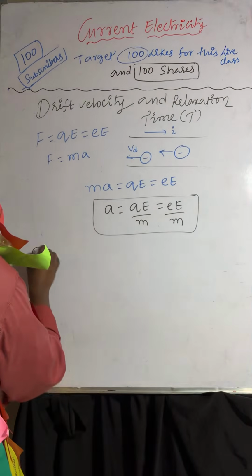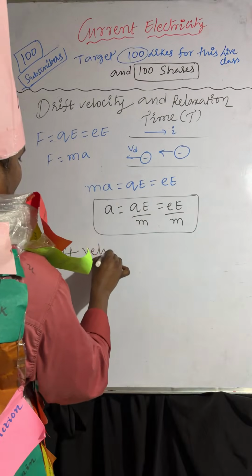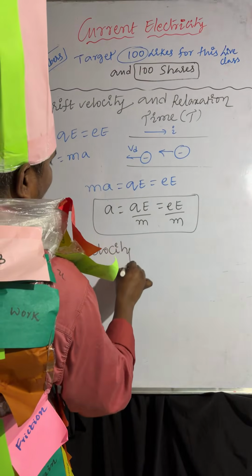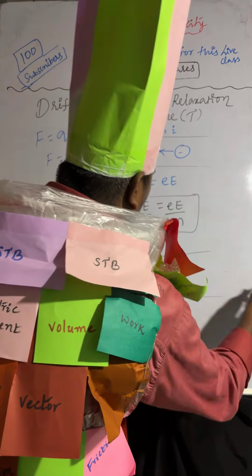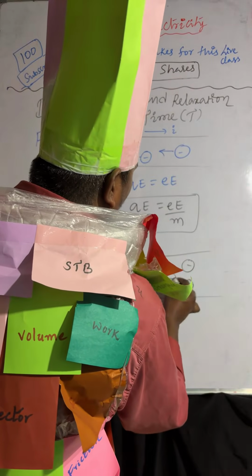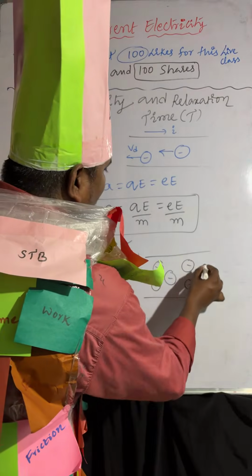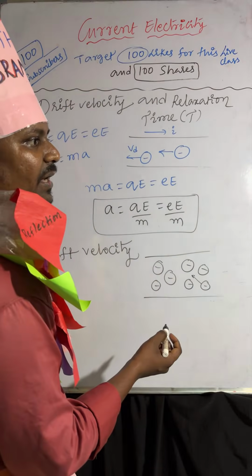So what is the drift velocity? Drift velocity is nothing but the average constant velocity. The best example: this is the conductor, electrons are moving. This electron is moving with some velocity x.